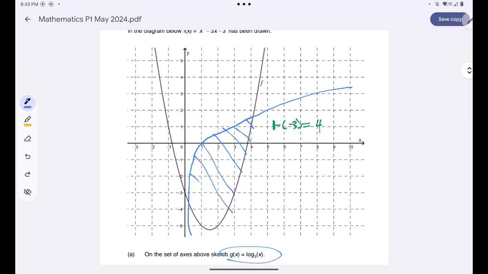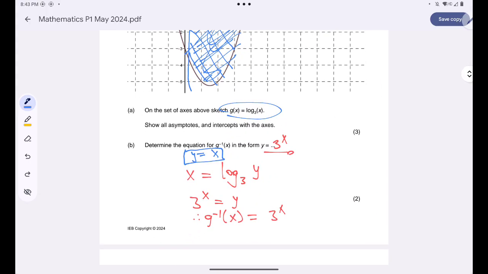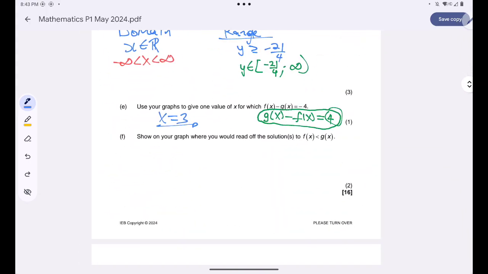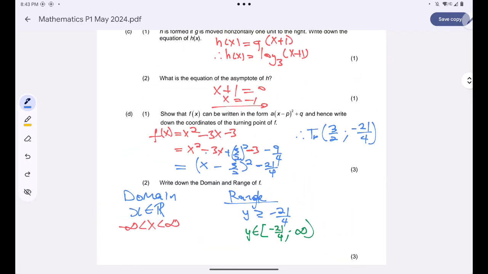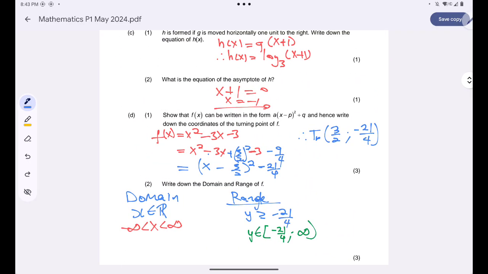Graph of f is below g only in this region. I was told to indicate on the graph. This is how I indicate. Right, together. Yeah, that's how, guys. That's how you would have answered question 2, which is just functions.